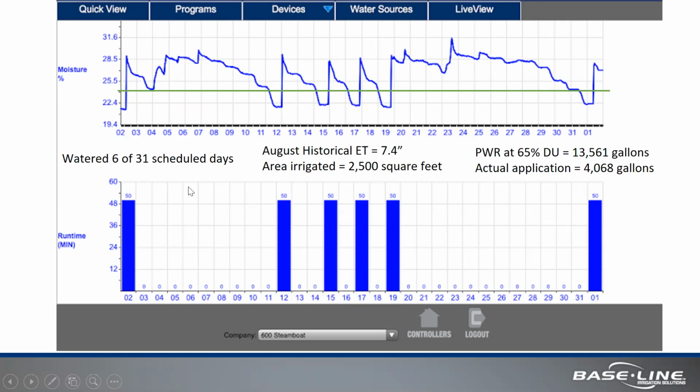And if we do our CLIA math, we can calculate how much water was required and how much was actually applied, and calculate how much water was saved based on how much time was programmed in the controller to operate without using that data or that technology. So 71% of the water was saved that was scheduled to irrigate for that time frame.